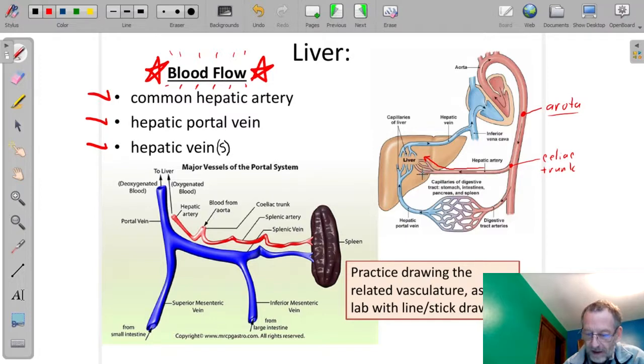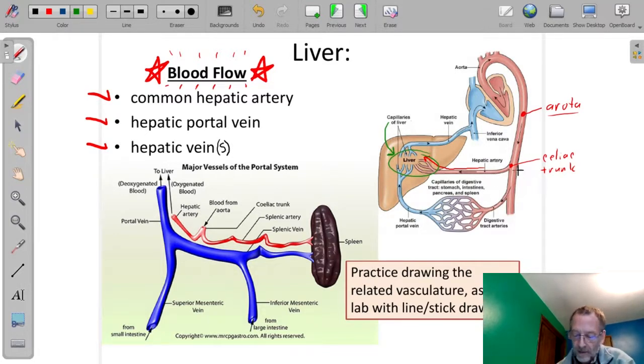And then there are a series of capillaries in the liver. That is where all of the metabolism occurs. So that's one flow: freshly oxygenated blood going into the liver and pooling in these large sinusoid-like capillaries.